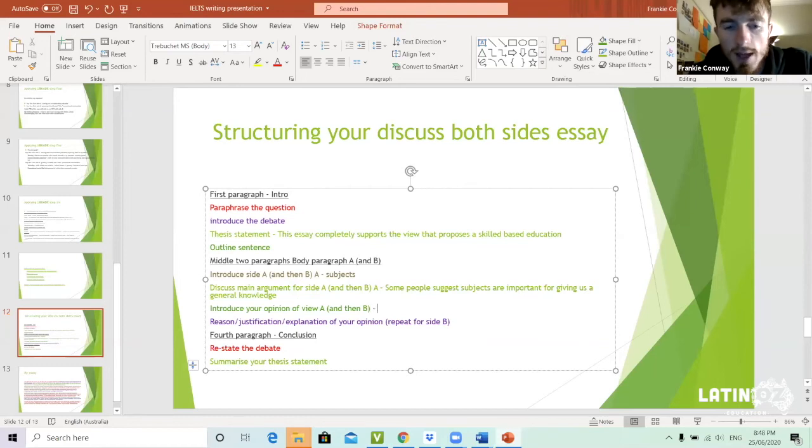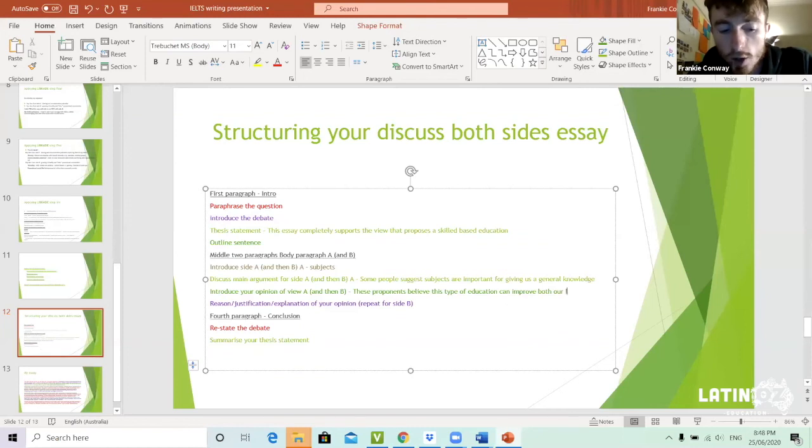And then you would still say why they think that. So these proponents believe this type of education can improve both our logical and creative faculties.